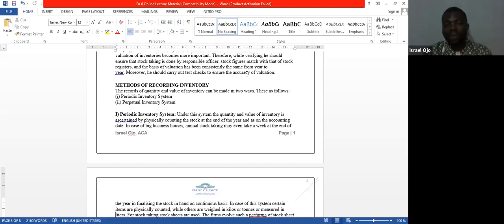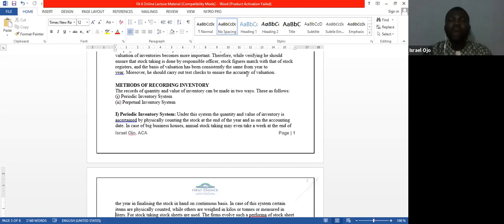They count how many things we have at the end of the period, count it together, then record it in the inventory account. The idea there is that the purchase account and the opening inventory will be represented in our trial balance, because the addition of these two will give us the total inventory we have at hand.